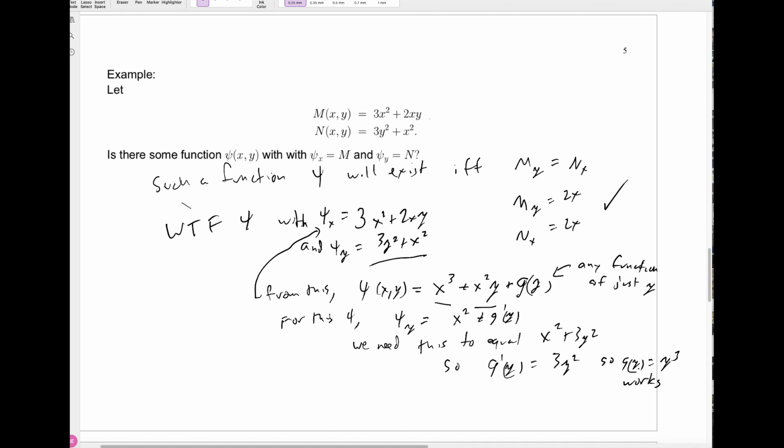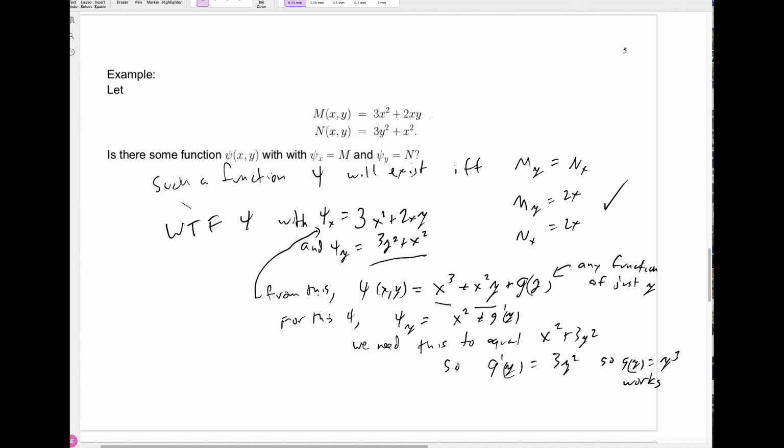Of course, we could add an arbitrary constant to this as well. We could use y cubed plus 7. Right now, all we need is some function c that works. So we'll just take y cubed as a representative of something which works.